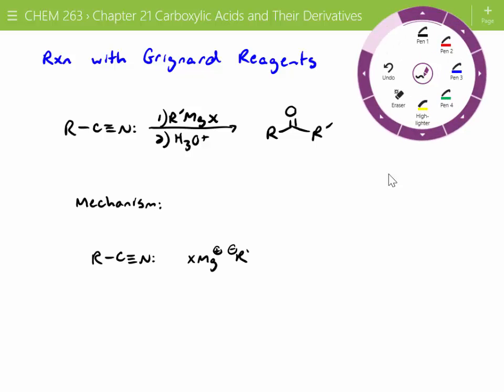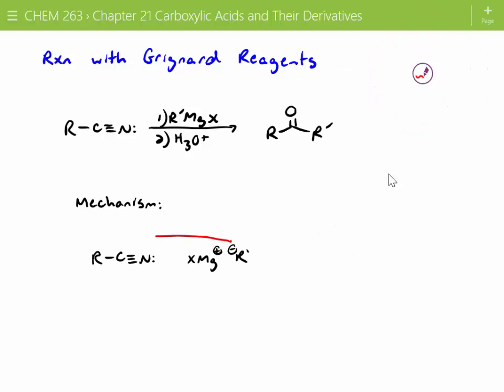So if we've got a Grignard reagent, it can add directly into this carbon, kick up electrons onto that nitrogen. Now you've got nitrogen with 2 lone pairs, and your R prime group added in.